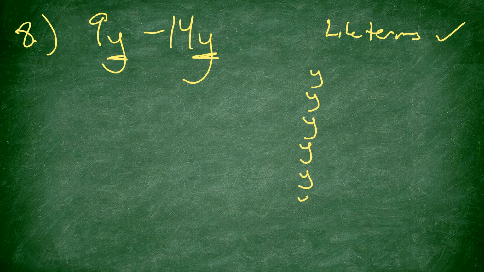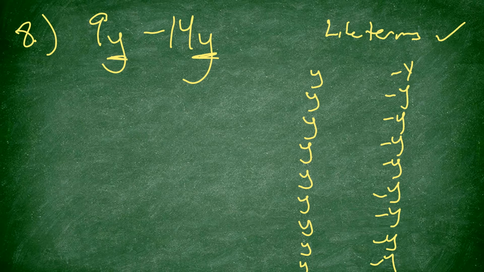All right, 9y minus 14y. So I have y, I have y. That means they are like terms. It's almost like there's 9y sitting there, and you have 14 negative y's, you have 9 positive y's.